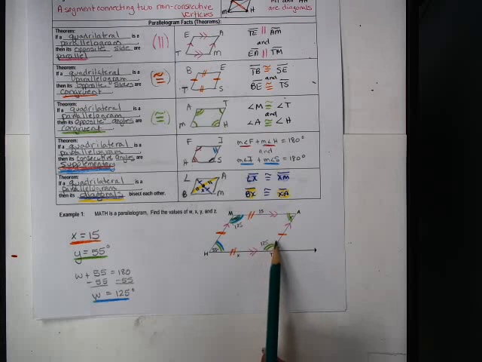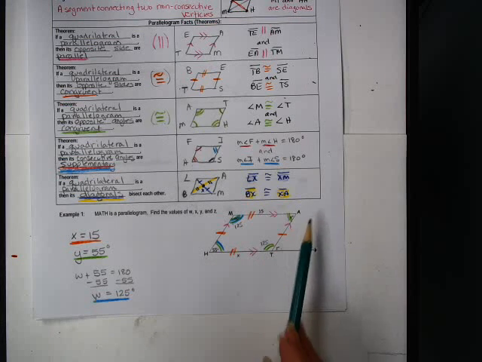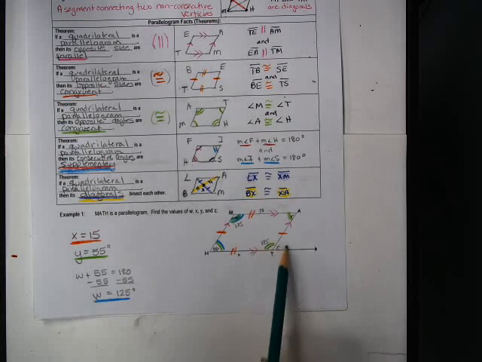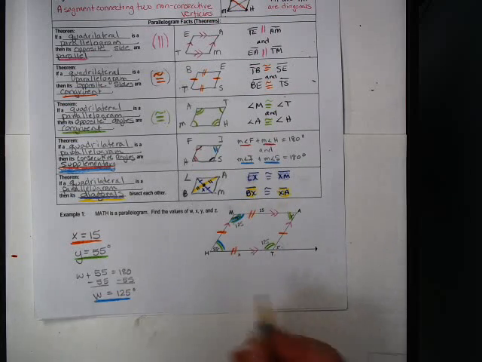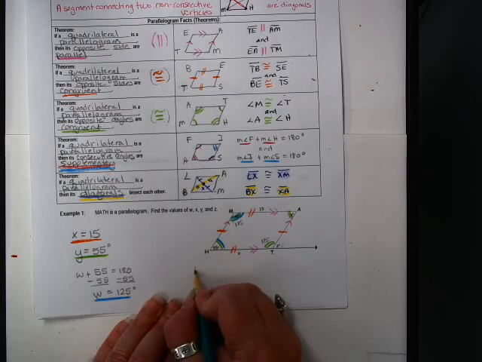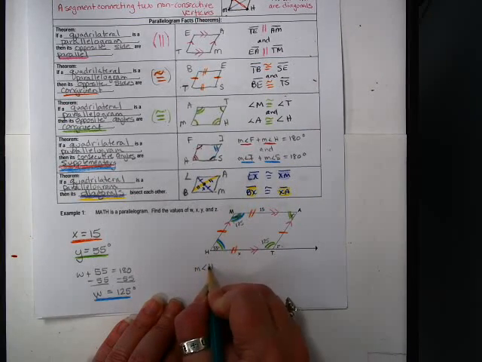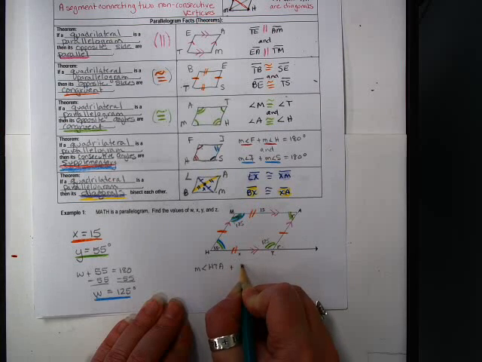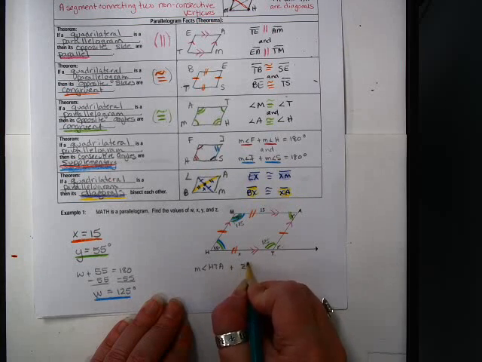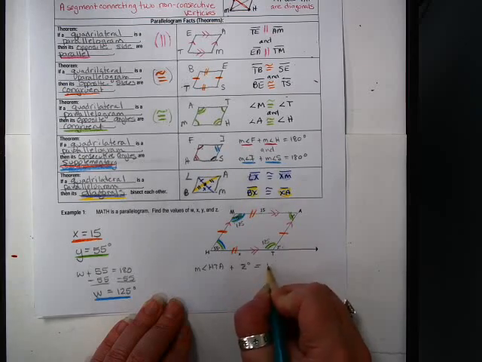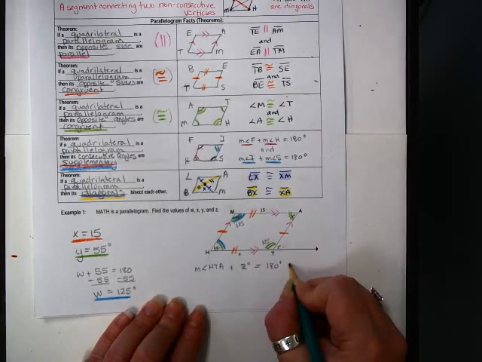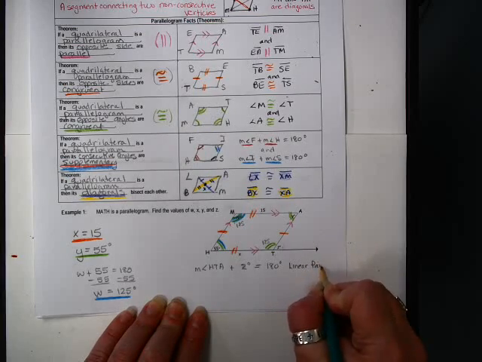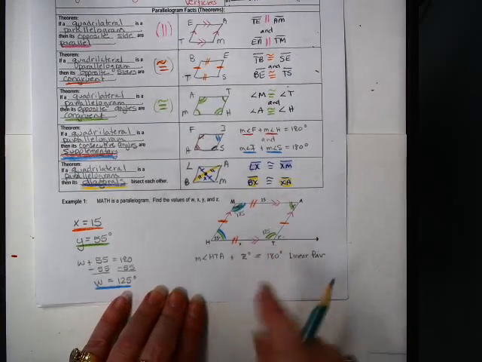And I know that these two, HTA and this angle Z, those are a linear pair. They're supplementary. So let's write that down. The measure of angle HTA plus the measure of angle Z, or I'm just going to call it Z, equals 180 degrees. And that's because they're a linear pair. All right, so I'm going to plug in what I know.